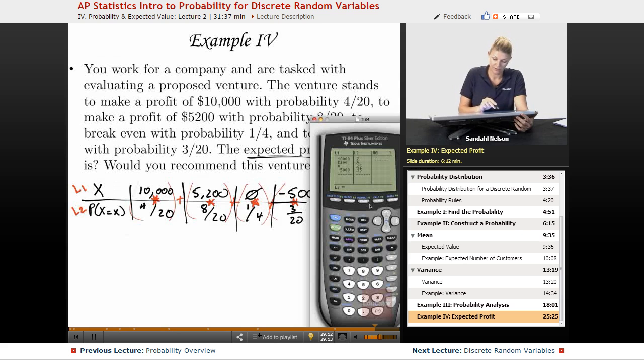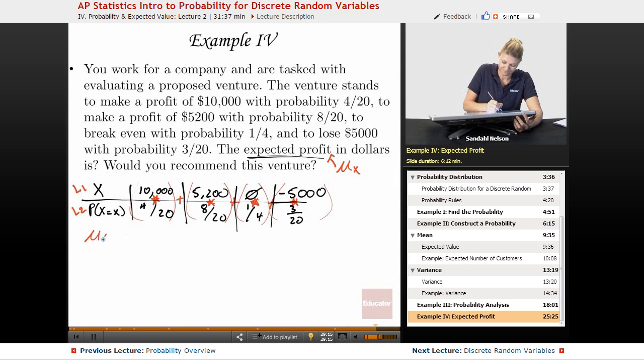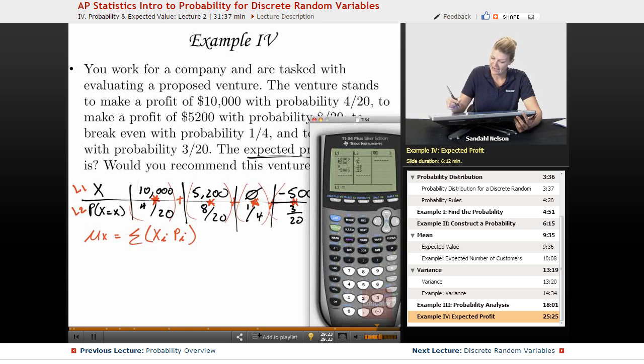Okay, so now I know that my equation for the mean is just the sum of each of the x's times the probability. So I'm just going to put that equation into list 3. So the x's are in list 1, so second list 1 times list 2, which is where my probabilities are.